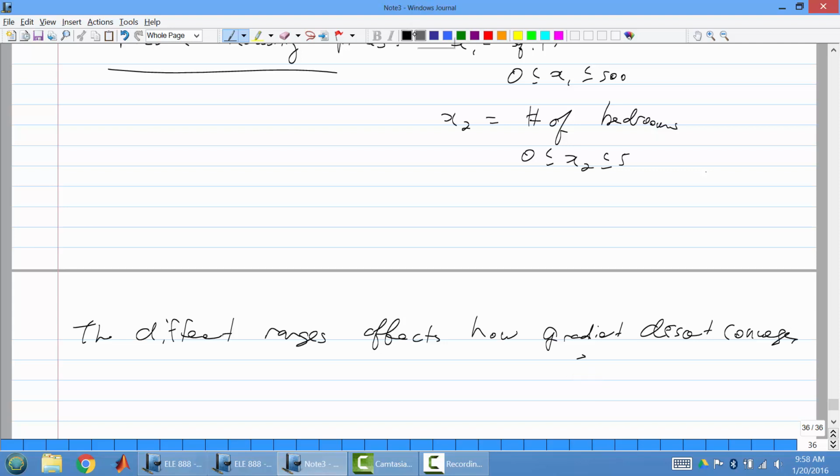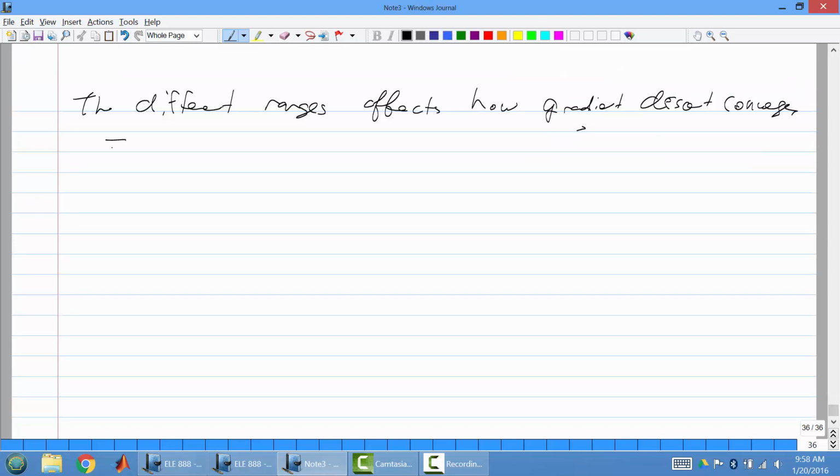The larger the dynamic range, the longer it takes for gradient descent to converge because there's that large variability. So the larger the range, the longer it takes to converge in practice.